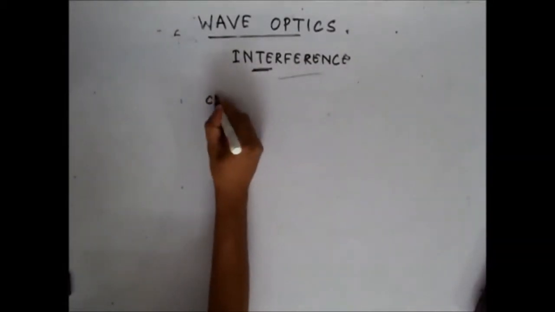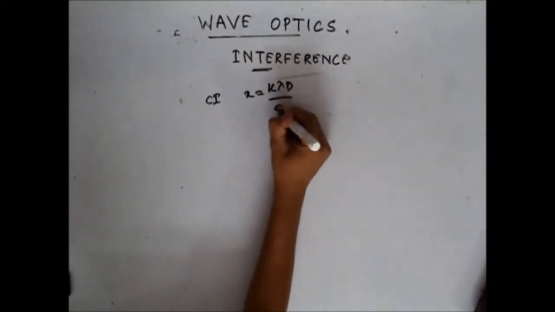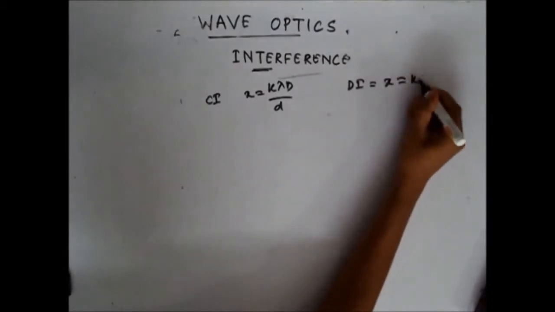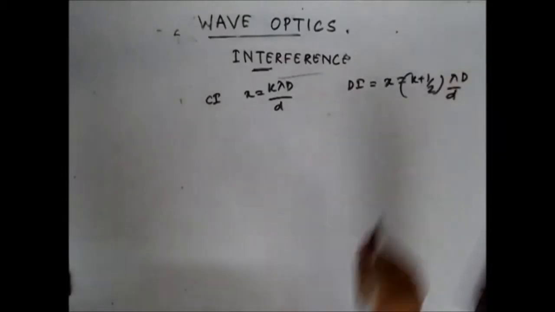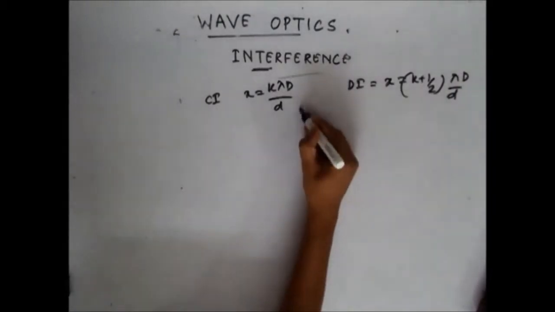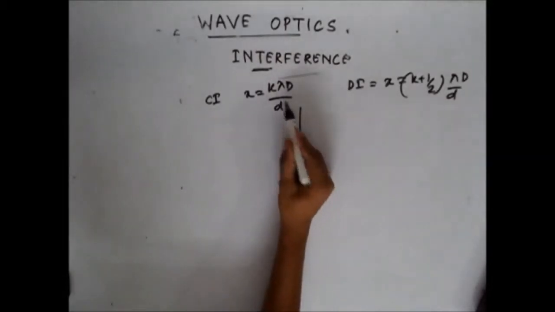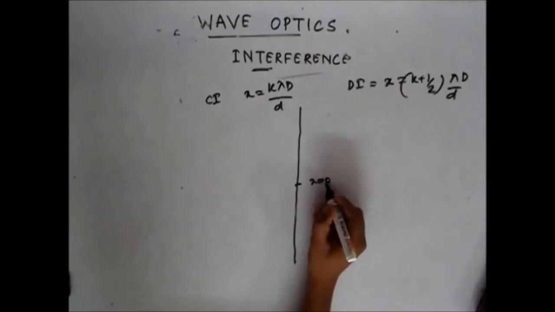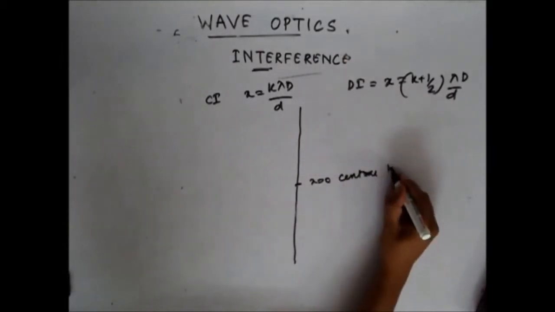So we saw that for constructive interference, x is equal to k lambda D by d, and for destructive interference, x is equal to (k plus half) lambda D by d. Now this is my screen. If I put k equal to 0, I get constructive interference, x is equal to 0. So here I get a central bright fringe.